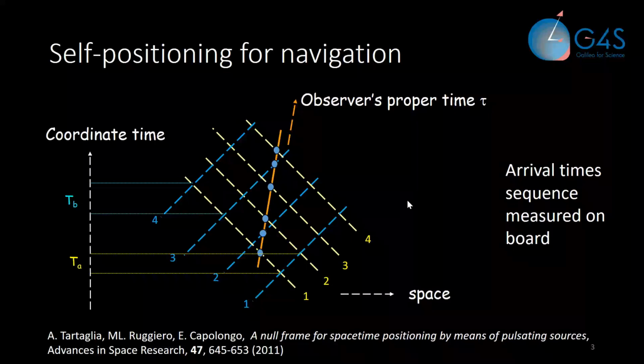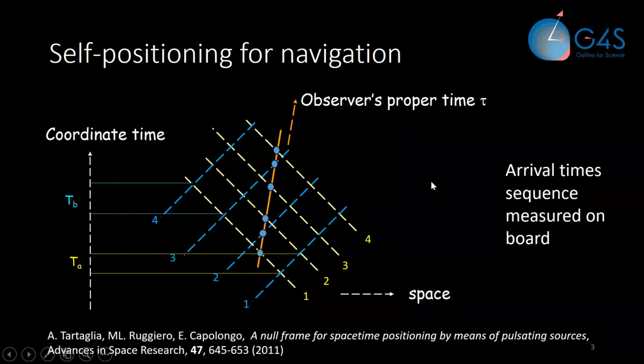You should know where the sources are and the frequency at which they send you the signals. Then you just have to measure with your own clock on board the arrival times and their sequence. Then there is a simple algorithm that allows you to find your position with respect to the starting point where you moved from.